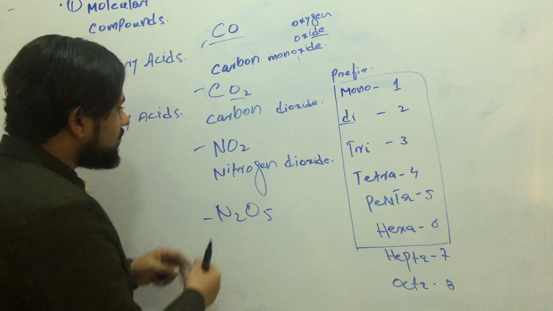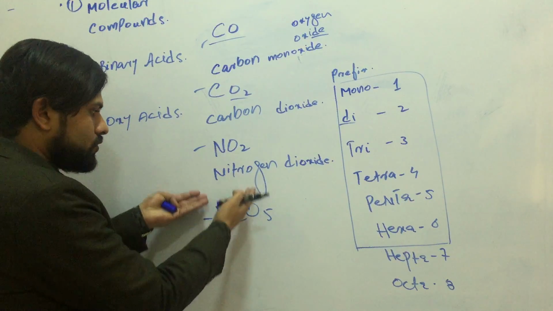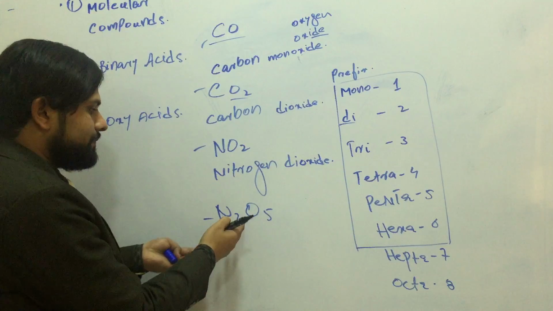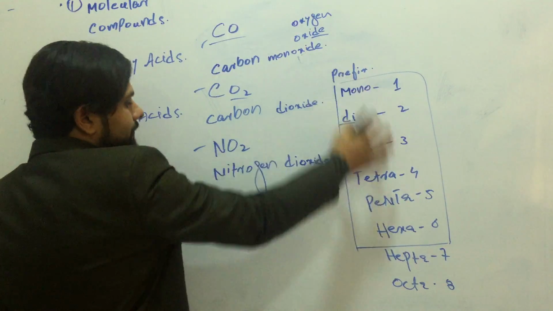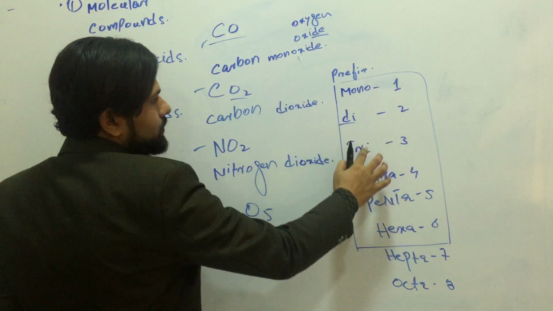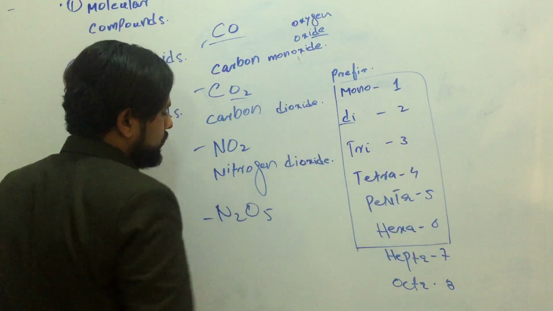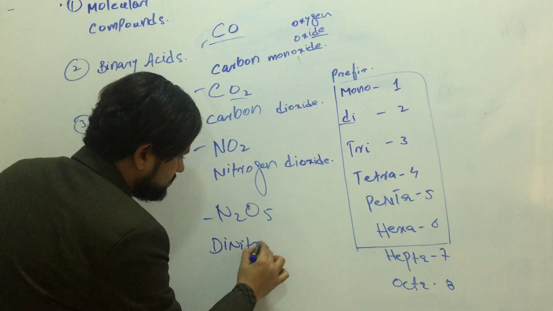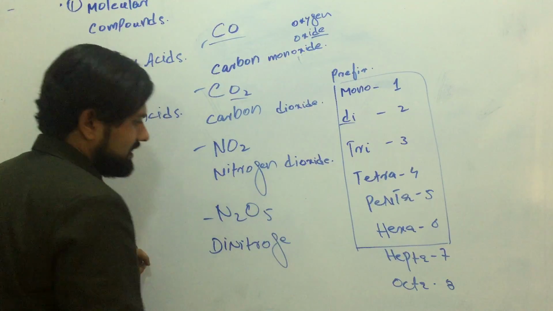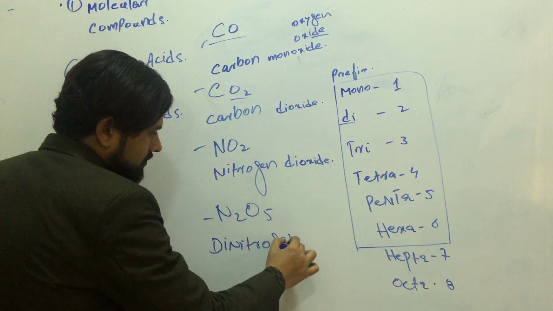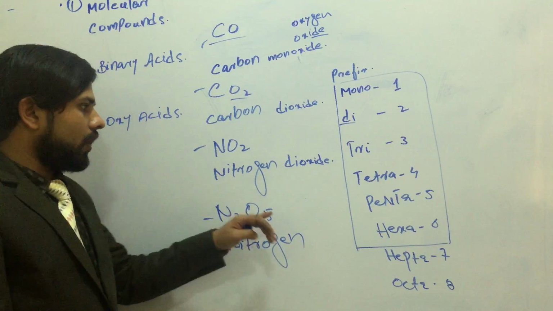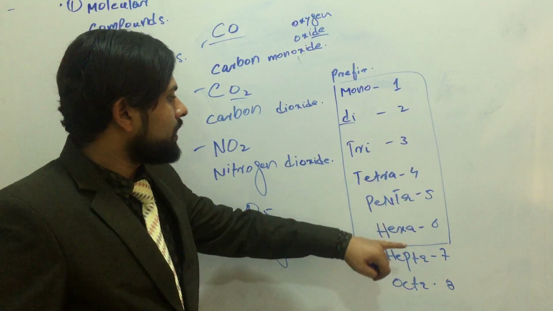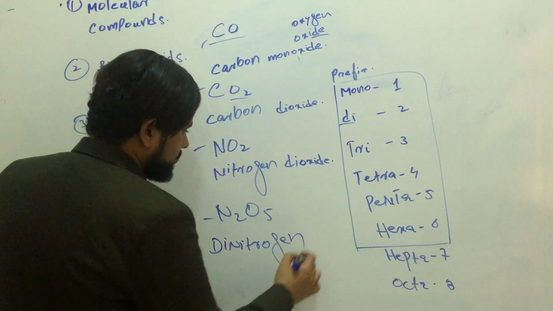So you are not allowed to just write nitrogen. You have to mention the prefix for 2, which is di, so you will write dinitrogen. Then 5 for oxygen. For 5 the prefix is penta, so you will write pentoxide.